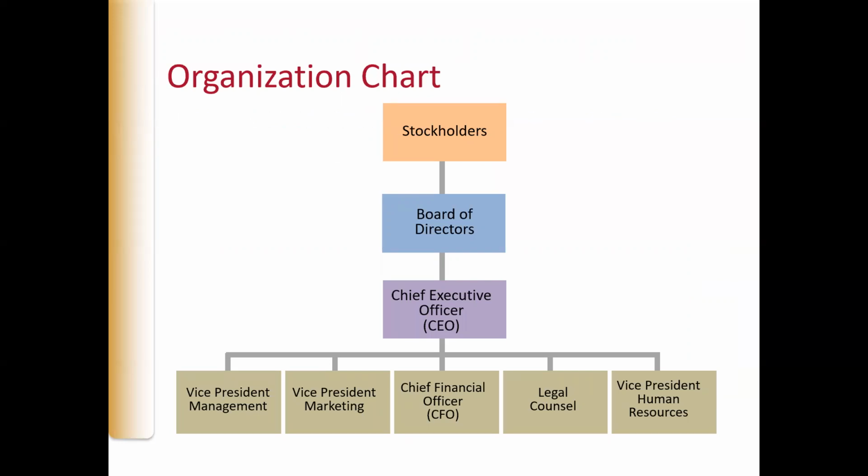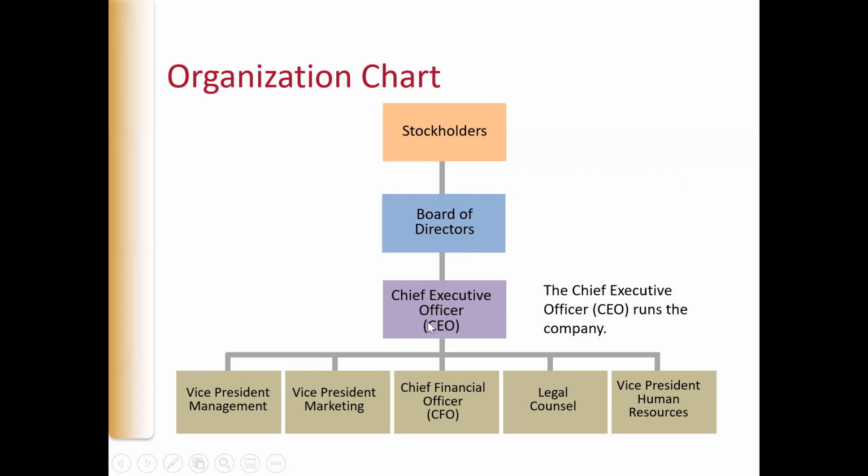We know through an organization chart, and this is the chart of pretty much all corporations, the stockholders own the company. The stockholders elect a board of directors. So the board of directors speaks for the stockholders, and they find and hire a chief executive officer.